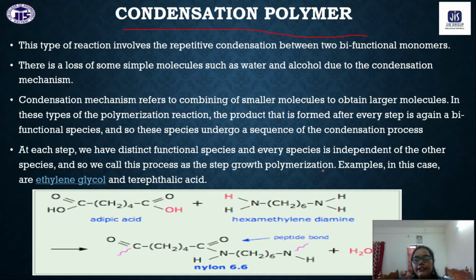This type of reaction involves the repetitive condensation between two bifunctional monomers. Yes, the monomer should be bifunctional, right? One acid group is there, one amine group is there, so that will attach with each other through the condensation polymerization reaction, and they will belong to this category, that is condensation polymer. There is a loss of some simple molecules such as water, alcohol due to the condensation mechanism.